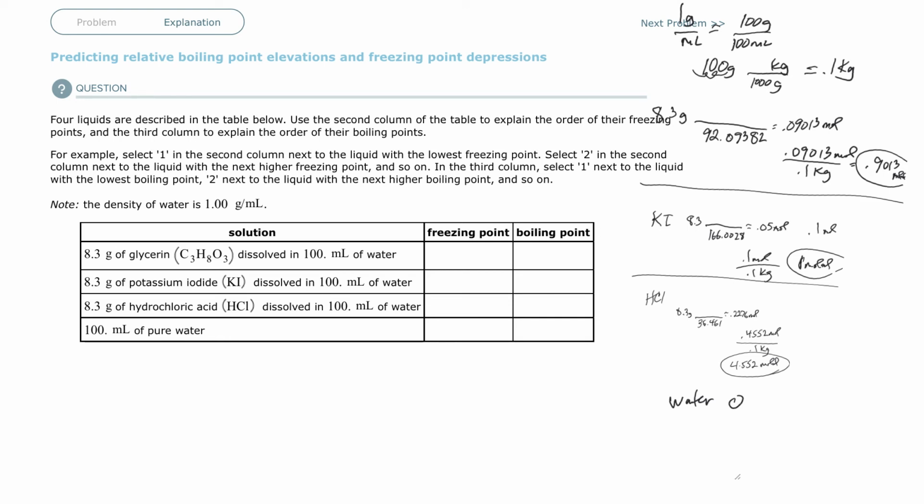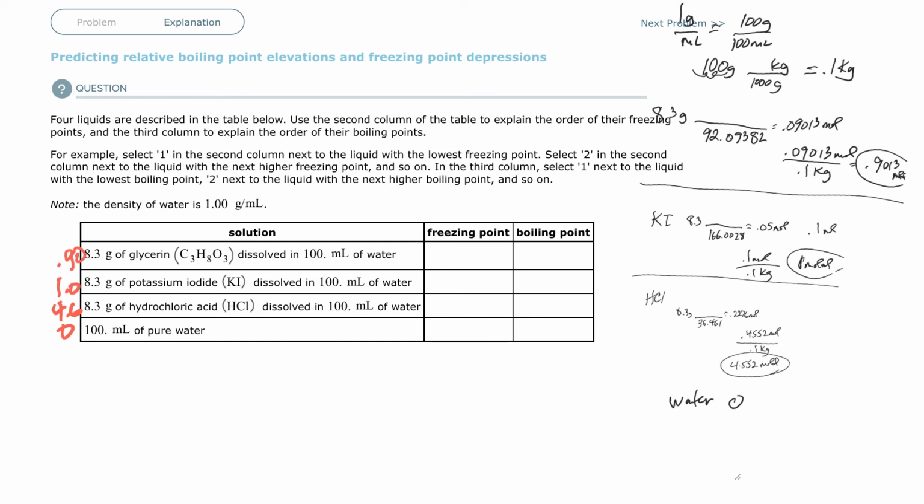This is molality, remember, moles over kilograms of solvent. The glycerin we had as 0.90. The potassium iodide we had as 1.0. The hydrochloric acid we had at 4.6. And the water was at 0.